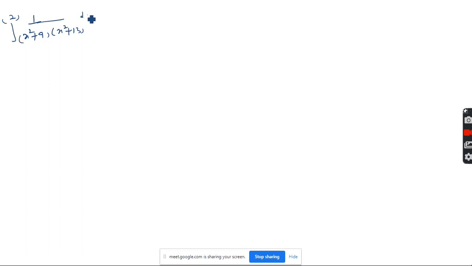This form is called the model 1/(x² + a²)(x² + b²). Here we write the highest value minus the lowest value first.